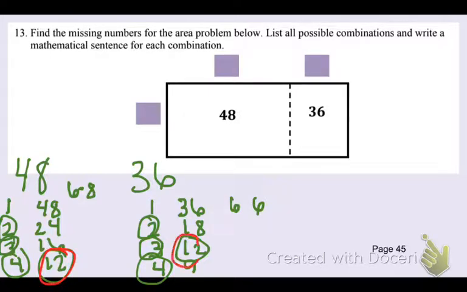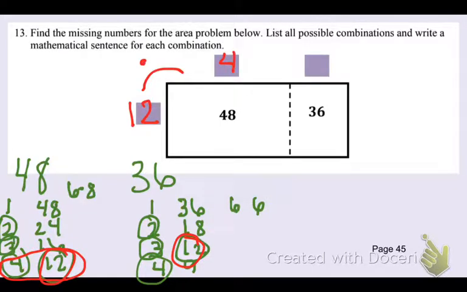So we're going to use 12 as our number. So 12 goes on the outside, and 12 multiplied by what gives us this 48? Well, we said 12 multiplied by 4, so 4 goes up here.